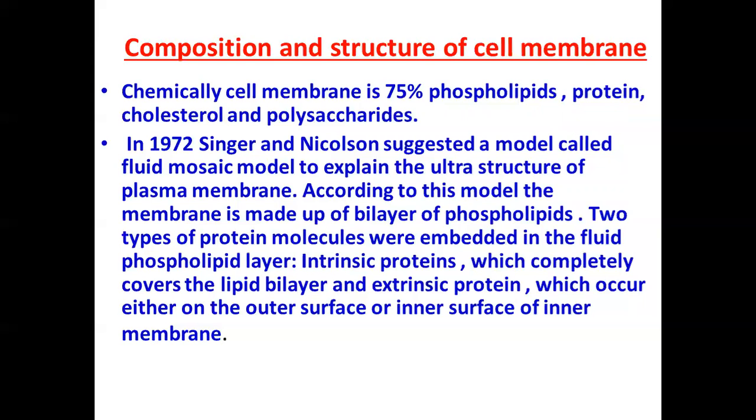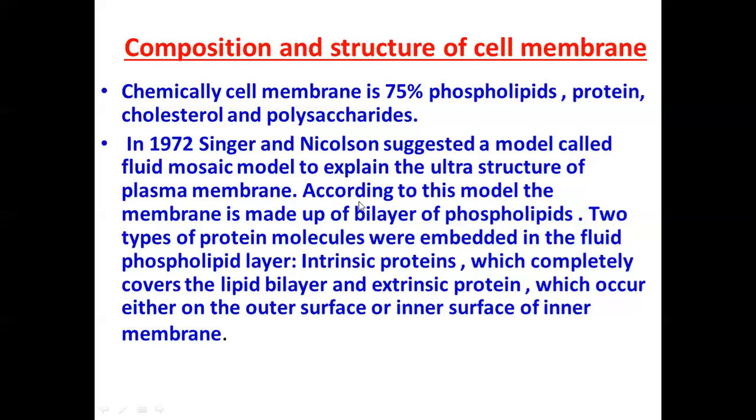However, it is phospholipid that forms the key element in the structure of the plasma membrane. In 1972, Singer and Nicholson, the names of the scientists, suggested a model called the fluid mosaic model to explain the ultrastructure of plasma membrane.